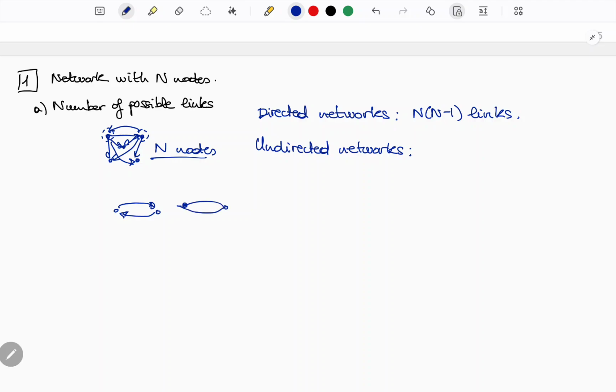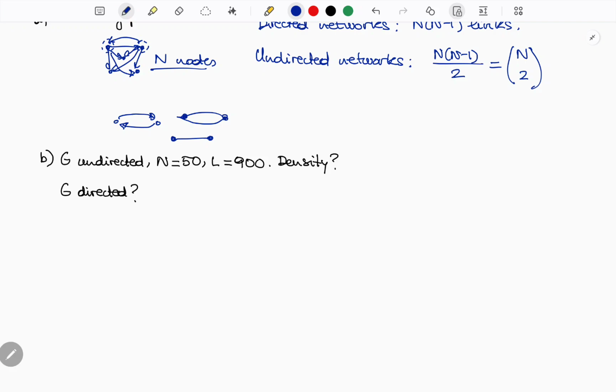So really, I'm only going to consider one link for each pair. So it's n times n-1 divided by 2, which is also a combinatorial number. This is exactly the combinatorial number of n over 2, which is the combinations that we can take of n elements taken 2 at a time. So that's the solution.